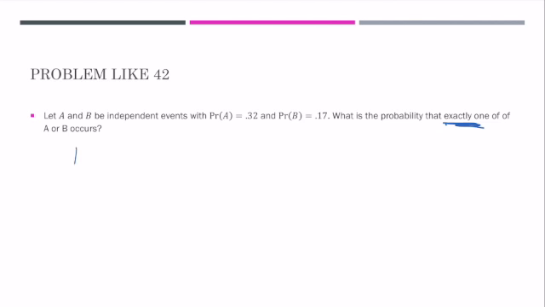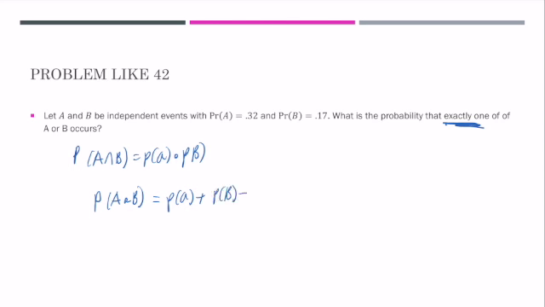Remember, the probability of A intersect B when we're working with independent events is the probability of A times the probability of B. So the probability that exactly one of them occurs is going to be the probability of A or B, which is the probability of A plus the probability of B minus 2 times the probability of A intersect B.